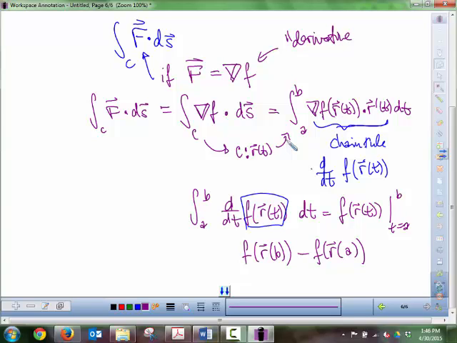What's r of b? Okay, what's r? Not quite line segment. It's the curve. What's the curve? C. Right? And then we used r to parameterize this.